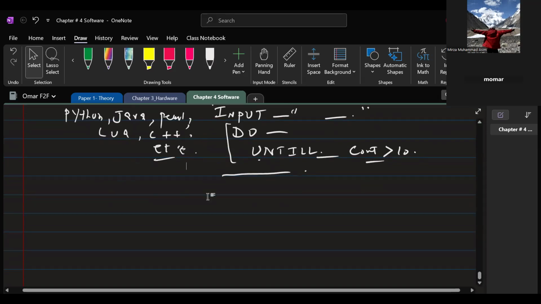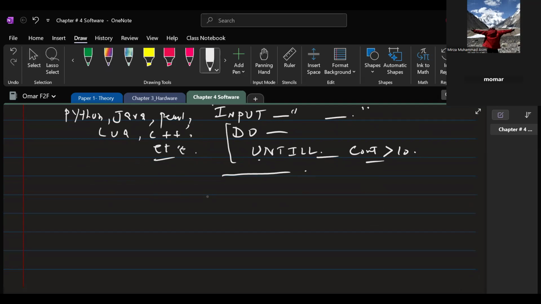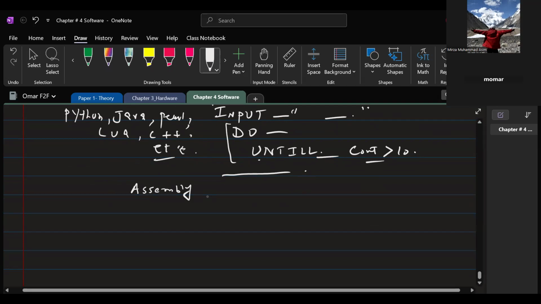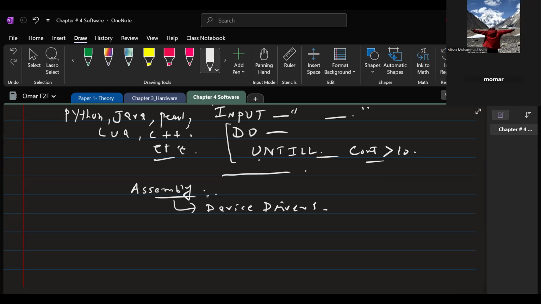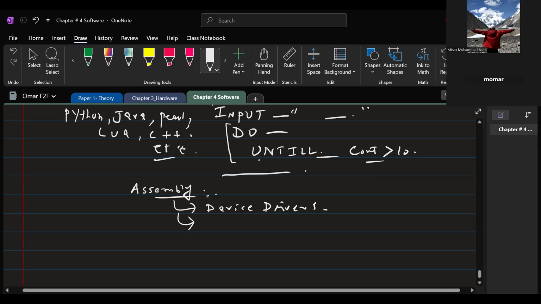Okay. So you need to understand the very last point of assembly language. Assembly language is now particularly used for the development of device drivers and for embedded systems.